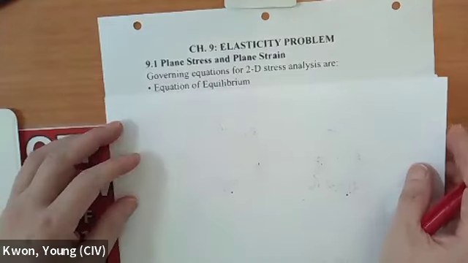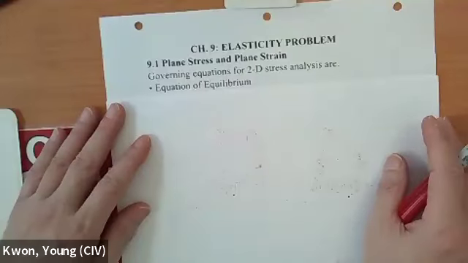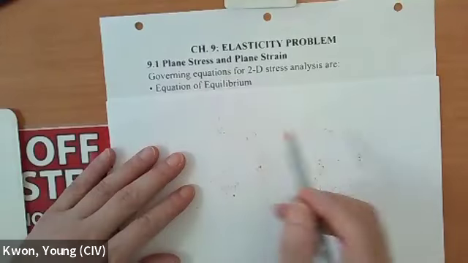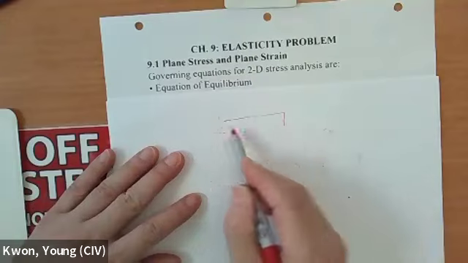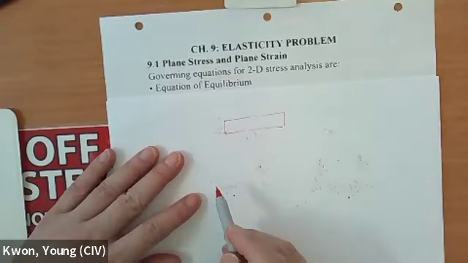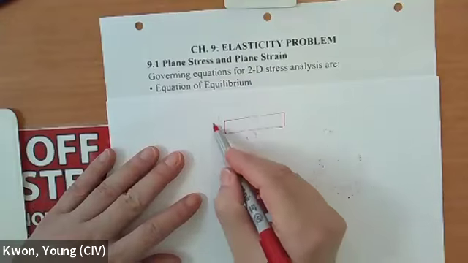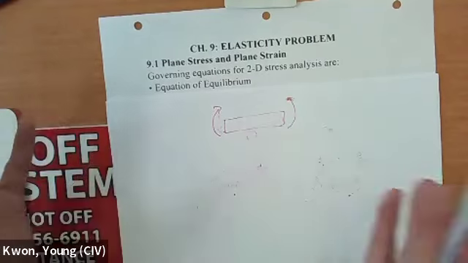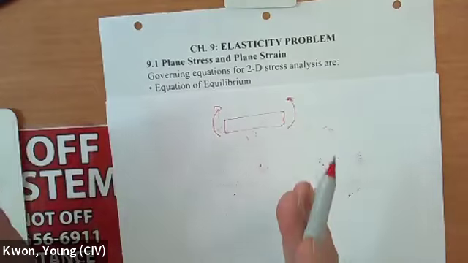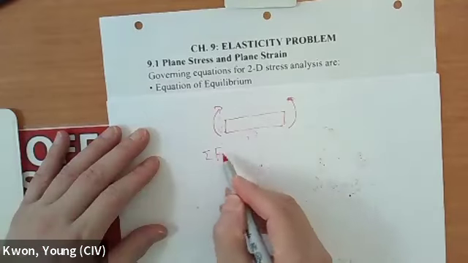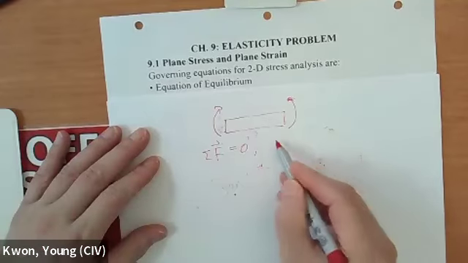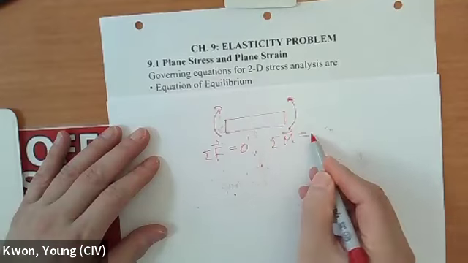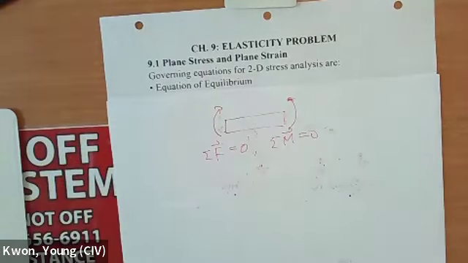Then what is different between a truss structure and a continuum element? For a truss element like a beam, you look at the moment, for example, this moment and that moment. So you look at the overall force and moment, sum of force equals 0, and sum of moment equals 0 in the global sense.